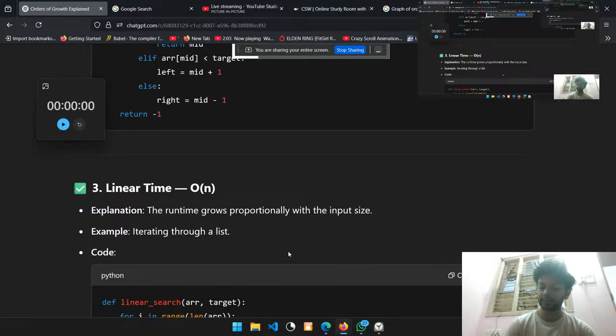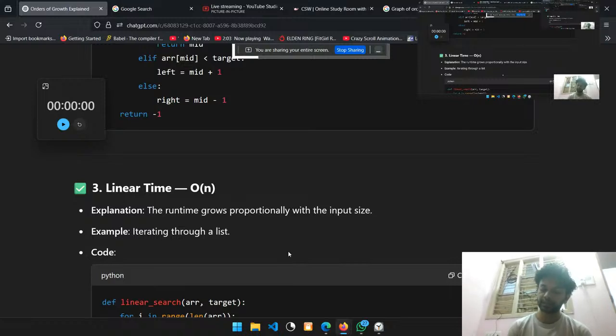So f of n could be anything belonging to R, real numbers. It could be 1, log n, n, n log n, n square, n cube, 2 to the power n, and factorial, I guess, right at the end. So these are the orders of growth.